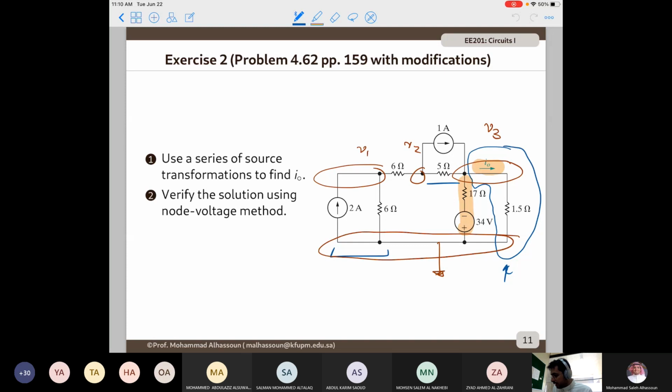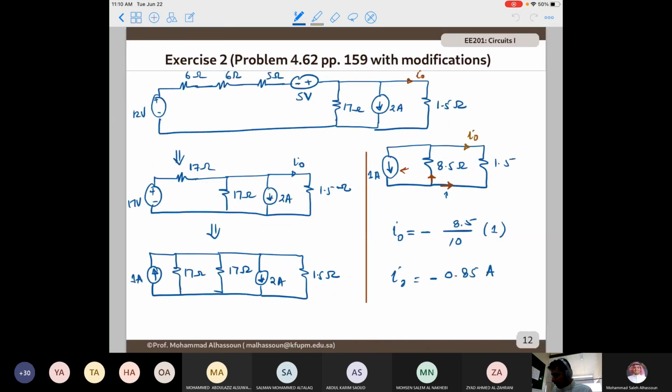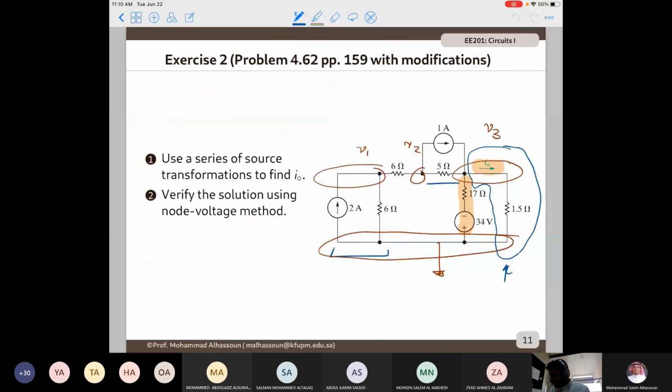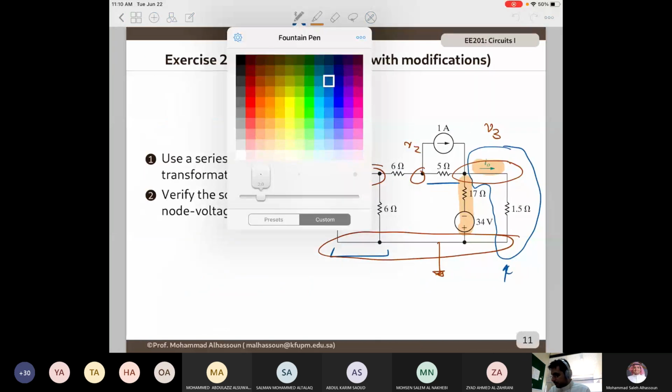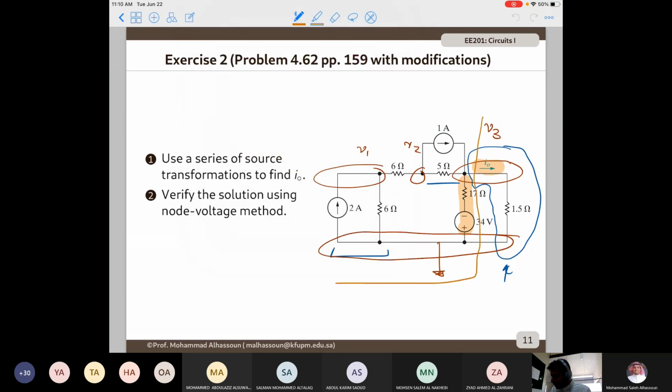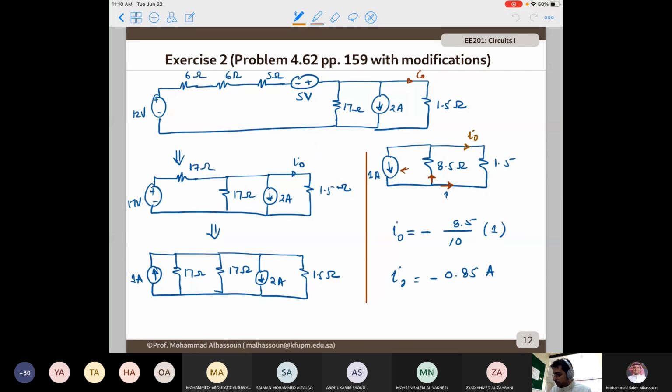So what we did actually, if you recall, we simplified the entire circuit from here to there by the following. So this is exactly what we did.